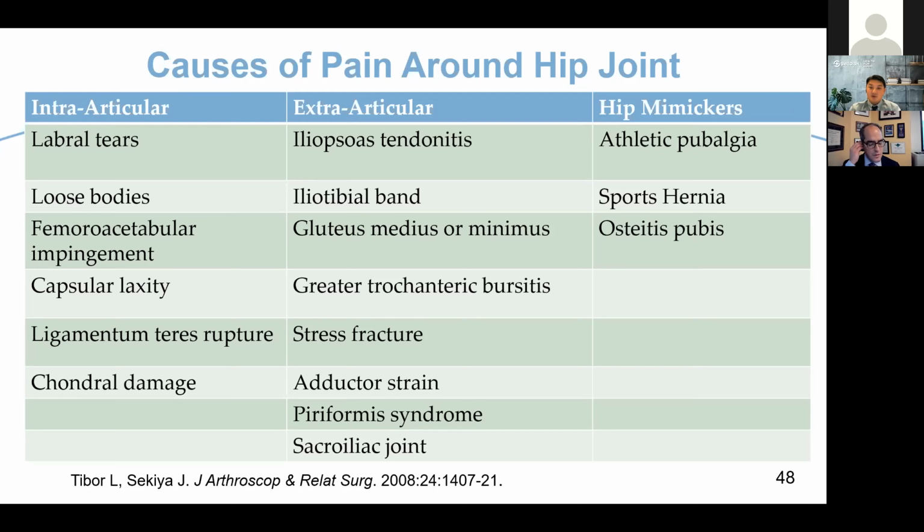If they're able to do it but they say there's a lot of pain, you could think a little more extra-articular pathologies, simply because when there is any significant intra-articular pathology, the patients are usually unable to do it, either because the pain is so intense or because of the structural deformity.